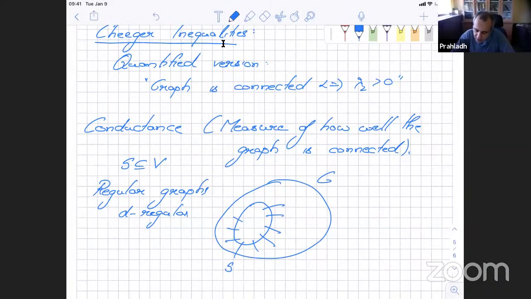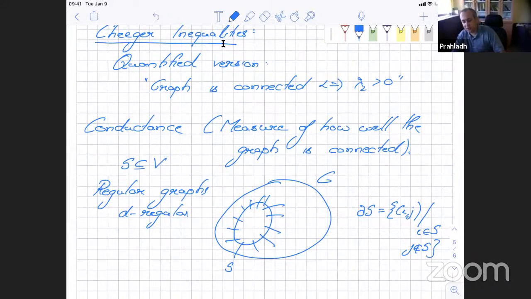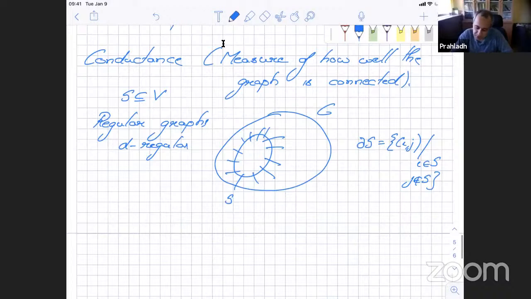So dou S is going to represent the set of all edges ij such that i is in S and j is not in S. This is the number of edges that are leaving S, going from S to its complement.